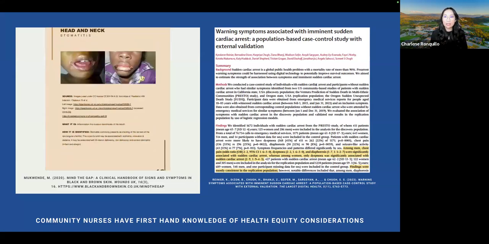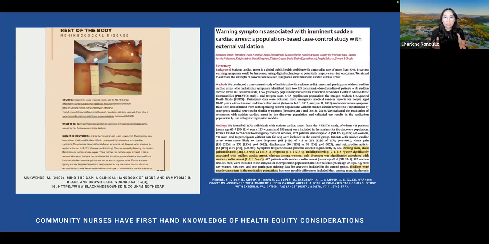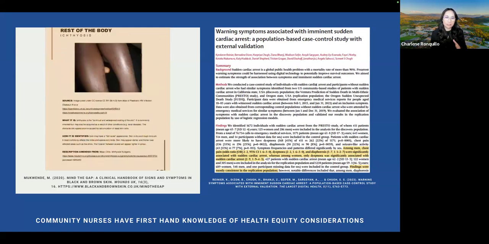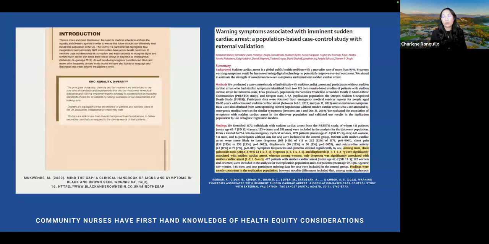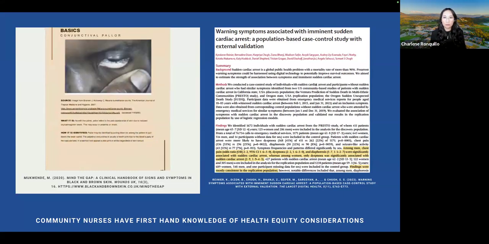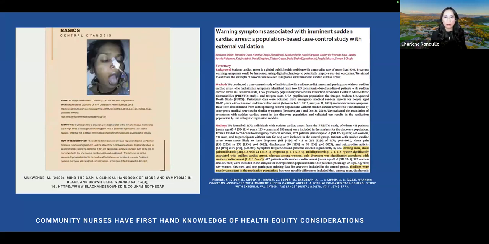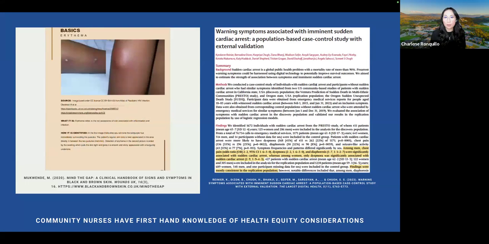RCTs are by design needing to be exclusionary because they need to tightly control to make sure that the effects they see are actually the effects they see and not due to confounders. And so what happens in a lot of designs, at least historically, is that a lot of groups that are too complex to control for are just excluded. The larger groups are older people with multimorbidities, right?